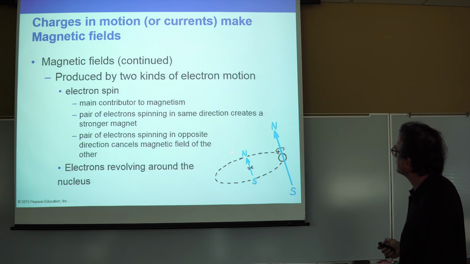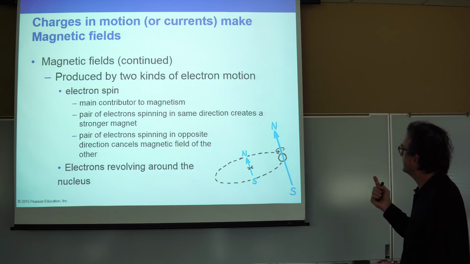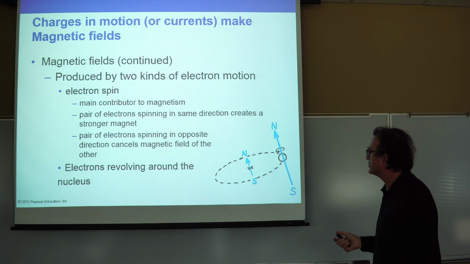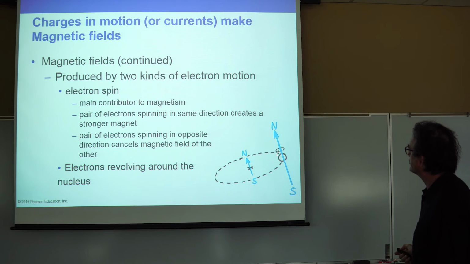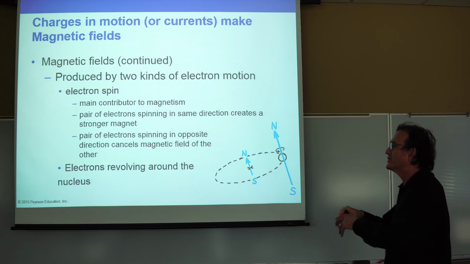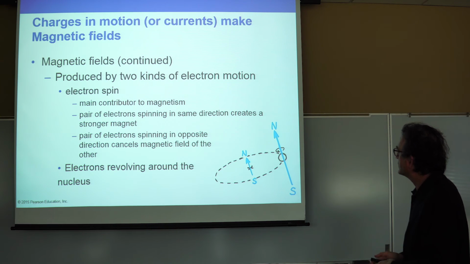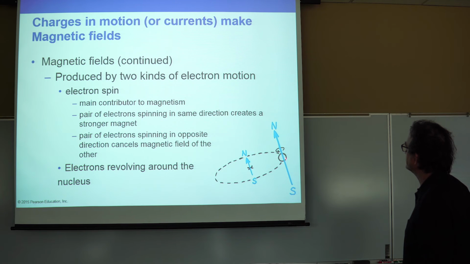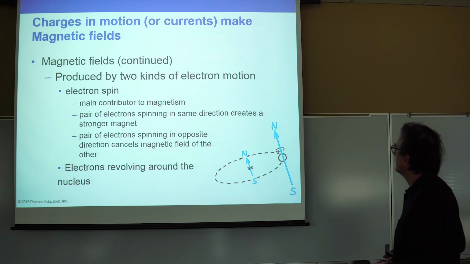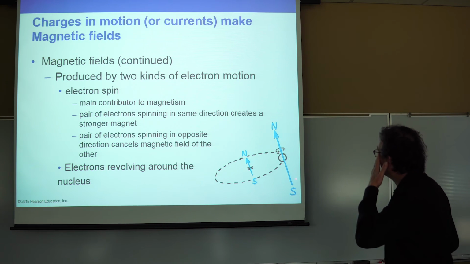While it's circulating about the nucleus, it is also rotating about its own axis. Now the electron is charged. We can imagine that it has a distribution of charge as it's spinning, and so these spinning currents of charge will in fact generate a magnetic field.